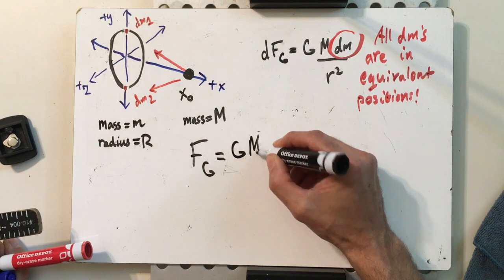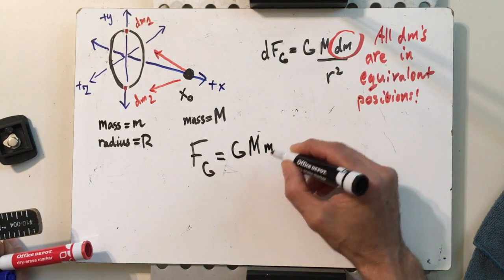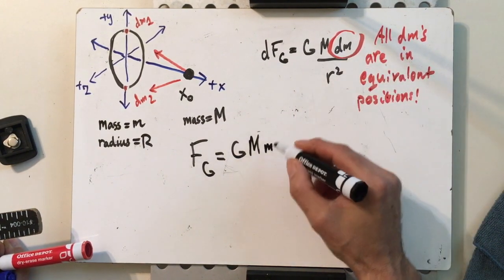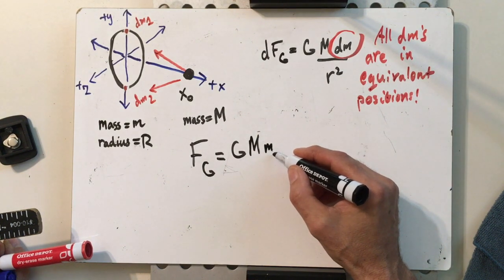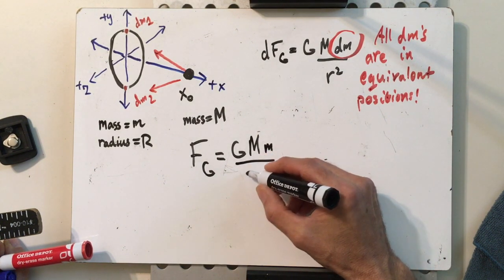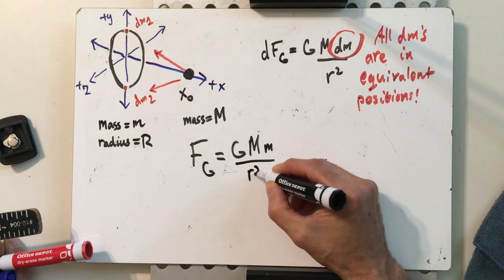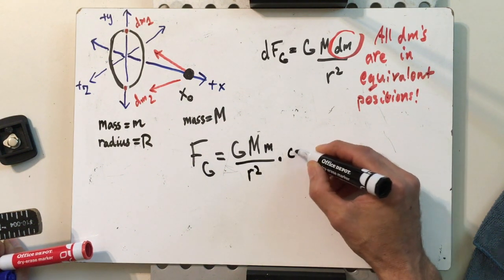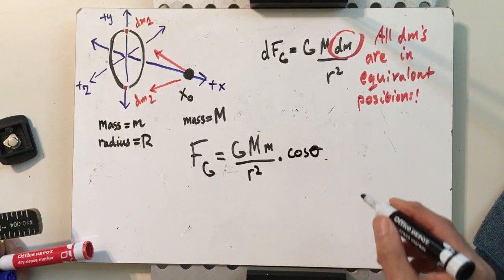G, capital M, the integration of dm, small m, must just be the total mass of the ring, over r squared, times cosine of theta. We know what cosine of theta is.